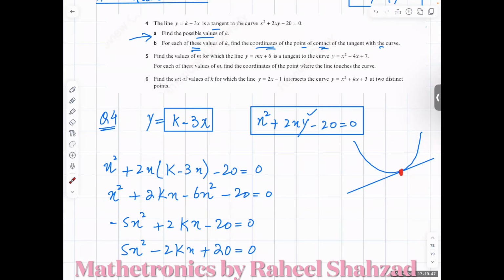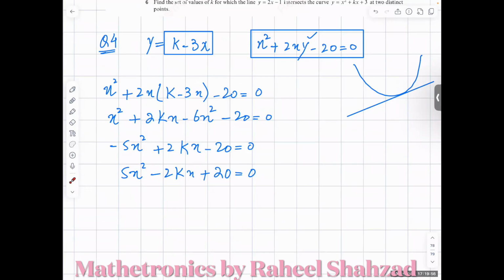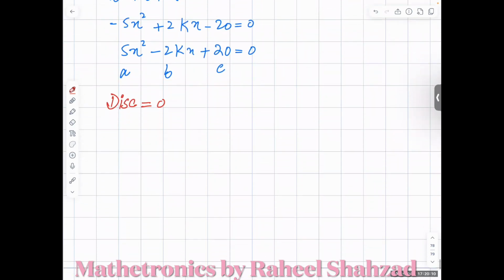Now, Ahmed, if they claim that this line is tangent to the curve, for what value of k is this line tangent to the curve, what should be the scenario for the discriminant? We would say the discriminant must be equal to 0, right?